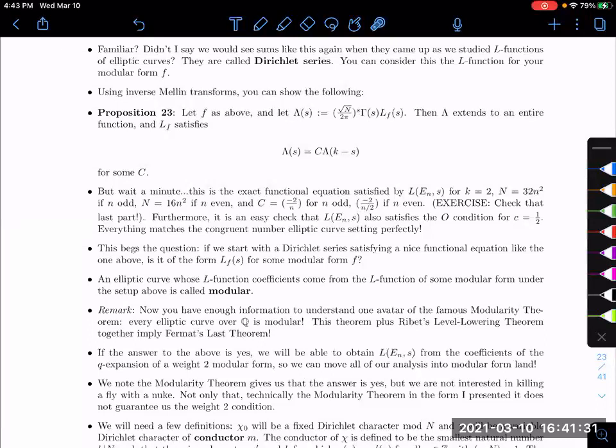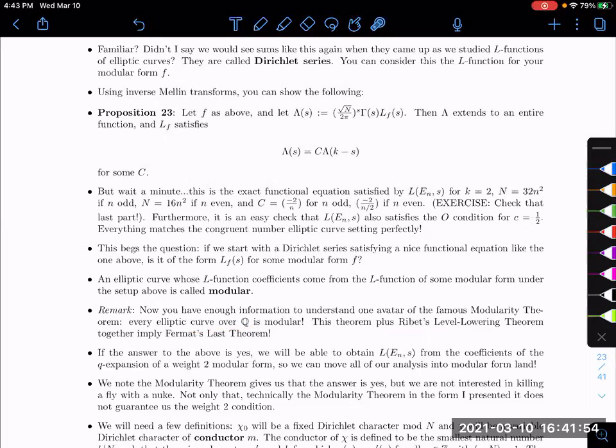The theorem that says every elliptic curve over Q is modular. In other words, every elliptic curve over Q has an L function whose coefficients come from the L function of some modular form. And if you take that theorem, the modularity theorem, and combine it with Ribet's level lowering theorem, you get Fermat's last theorem.